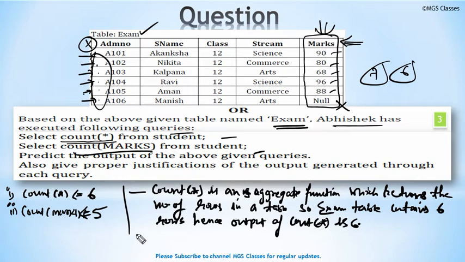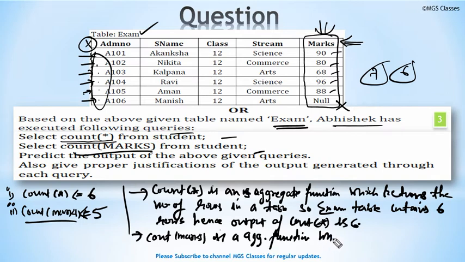You can write like this. For the second portion, what you will write: count marks is an aggregate function which counts the non-null values in a column.